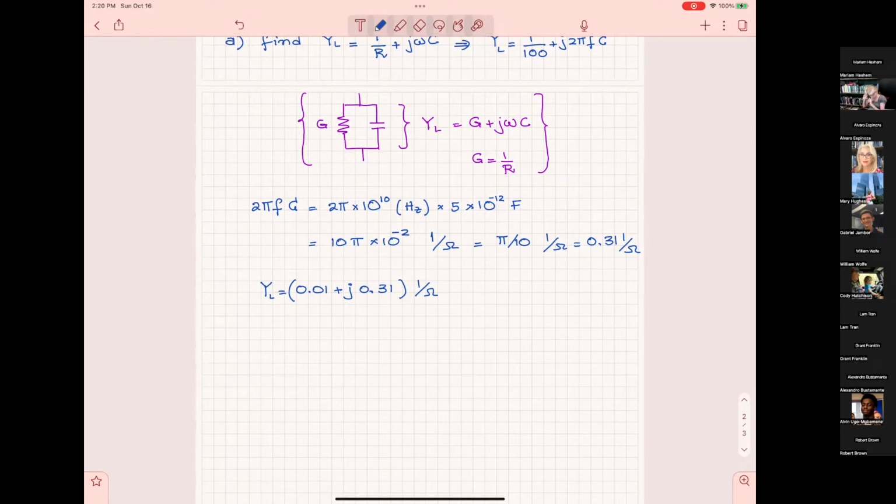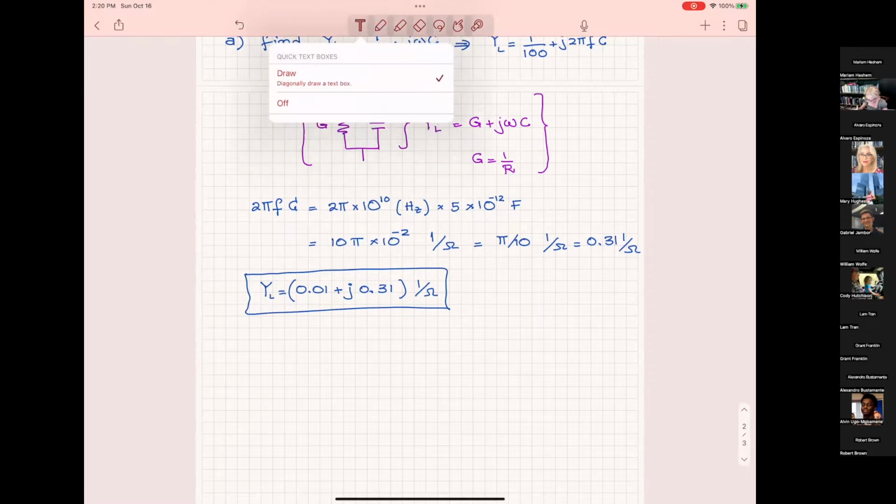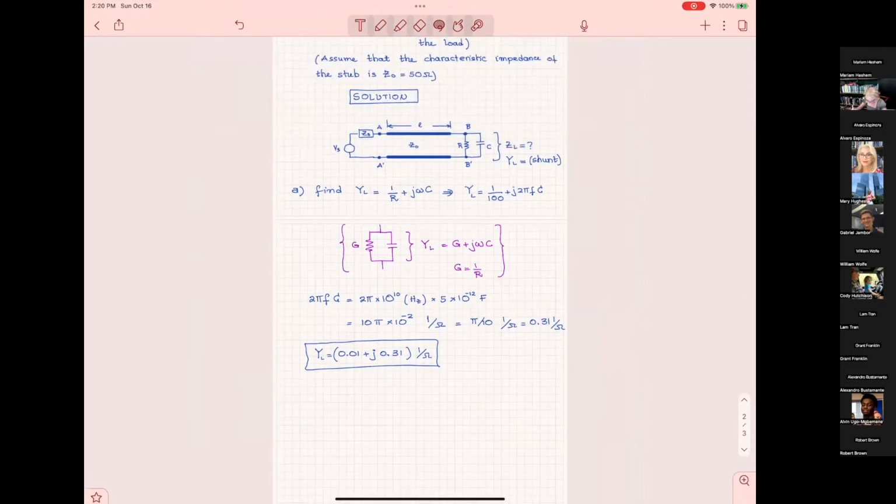Now that I have found YL, what I need to do is to find a matching network, and it's rather a stub, nothing else but a stub on this transmission line, and I have to find a matching network to be able to match this load to the source at that particular frequency of 10 gigahertz.